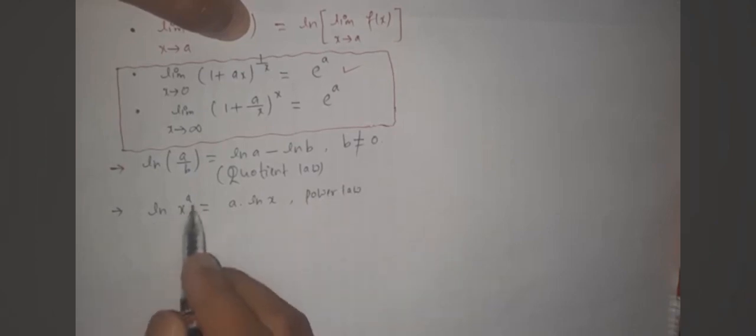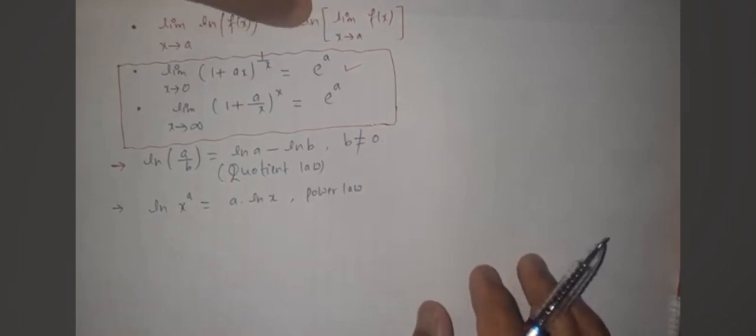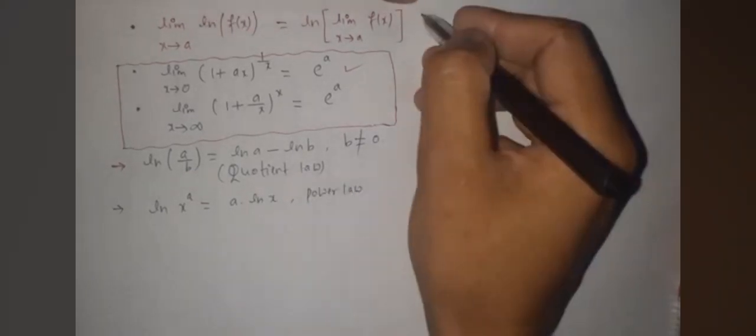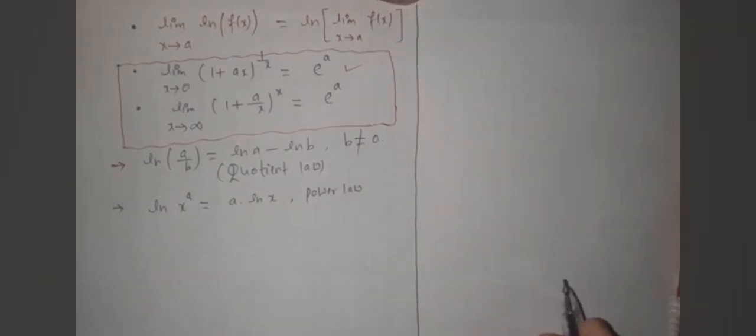Ln of x to the power a is the same as a times ln of x. This is the power law on the logarithm. These are the very important formulas and properties of the logarithm as well as the limit of functions at a point.